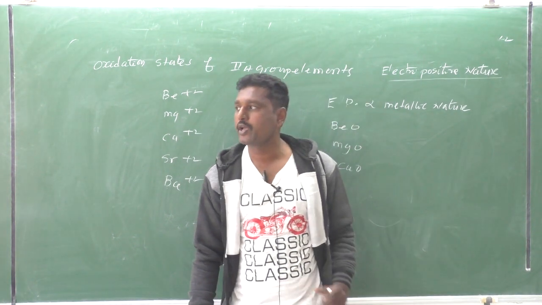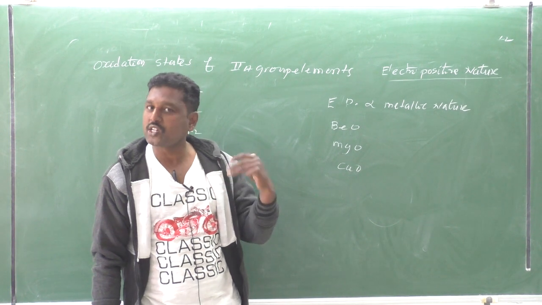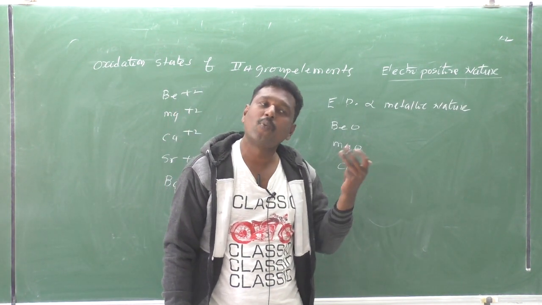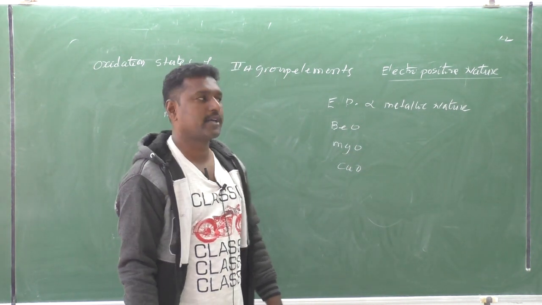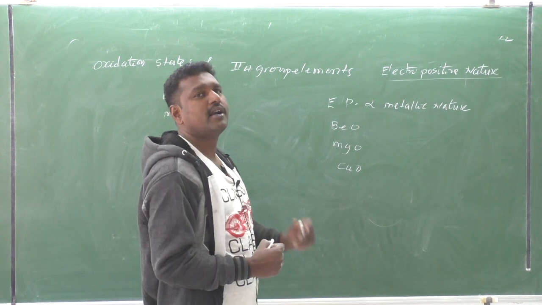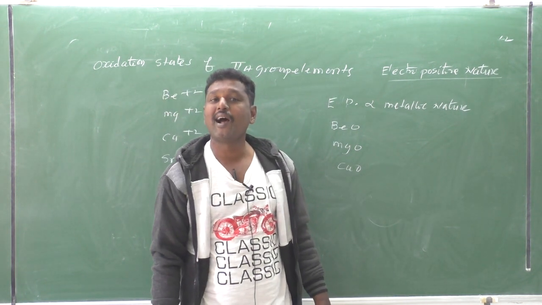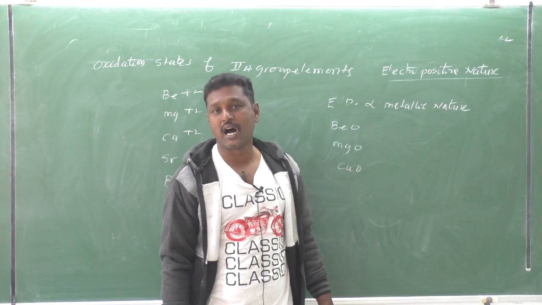Therefore, if electropositive nature increases, metallic nature also increases. If metallic nature increases, basic nature of oxide also increases. This is the relation between electropositive nature, metallic nature and basic nature of oxides.